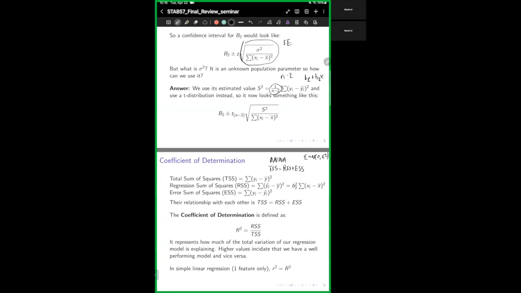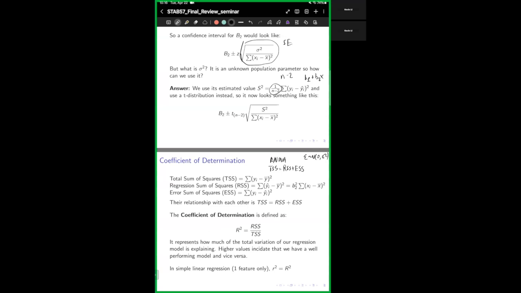Next, the coefficient of determination is defined as follows. R squared is equal to RSS over TSS, the regression sum of squares over the total sum of squares.